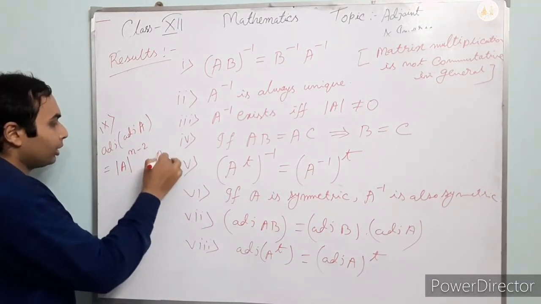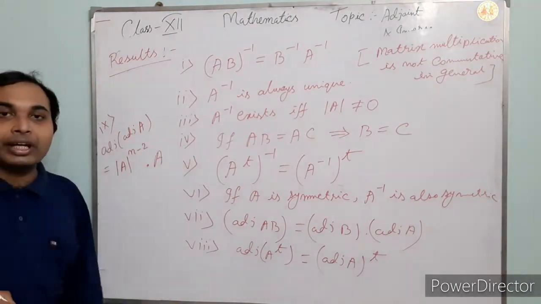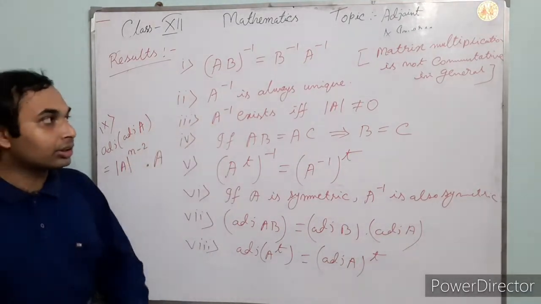No need to give the matrix sign. Those 9 results are very much important for doing the sums of inverse.